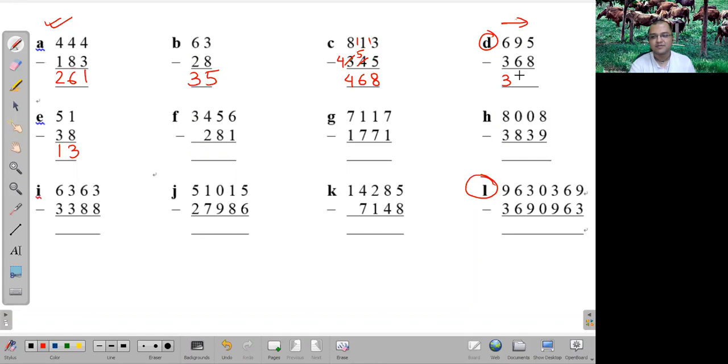So 9 minus 7 will be 2. Then 5. So I'll do 15 minus 8. 15 minus 8 will be 7. Yes.